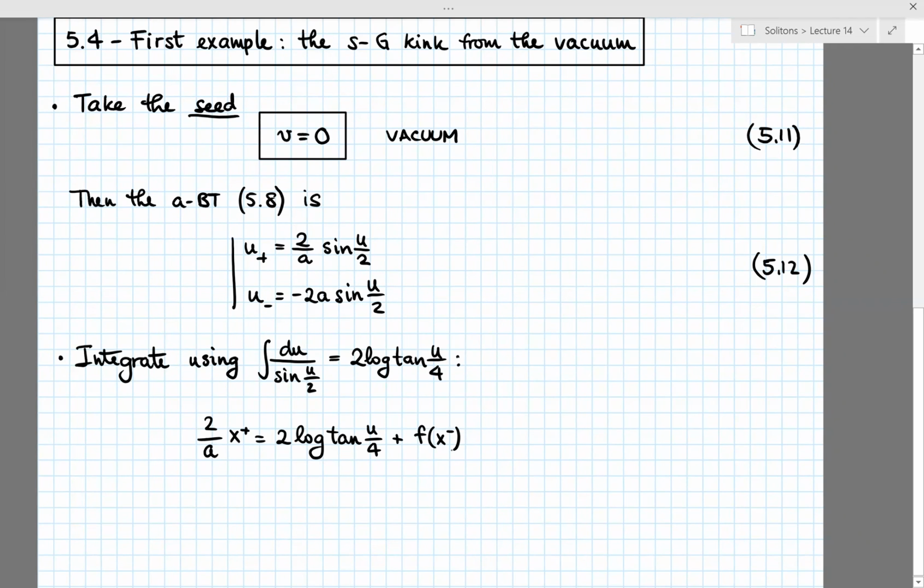And similarly for the second equation, where the derivative is with respect to x minus, we get minus 2a x minus is equal to 2 log tan u over 4 plus an integration constant g that now depends on x plus, the other variable, which is a spectator. This is equation 5.13.